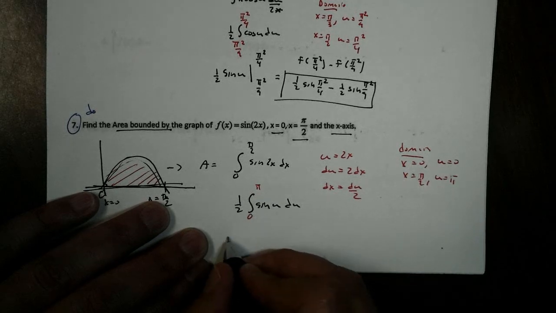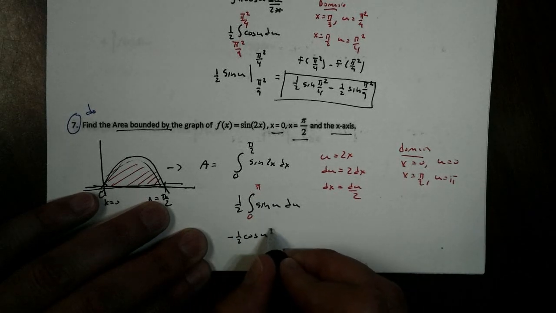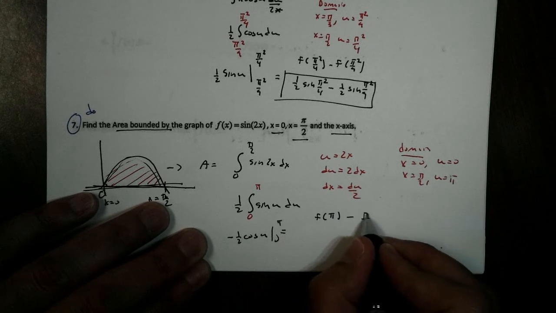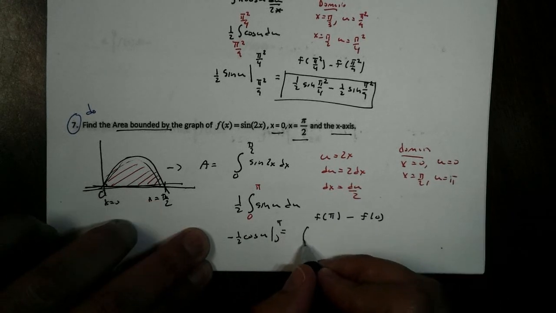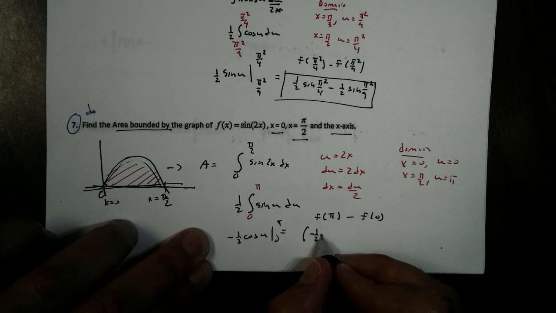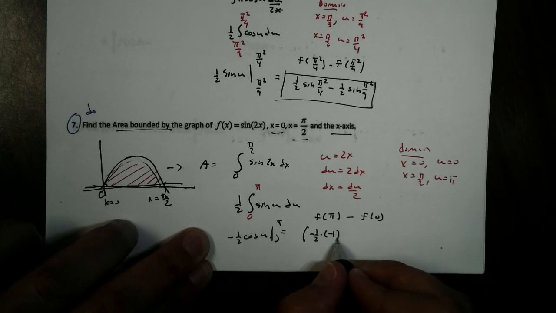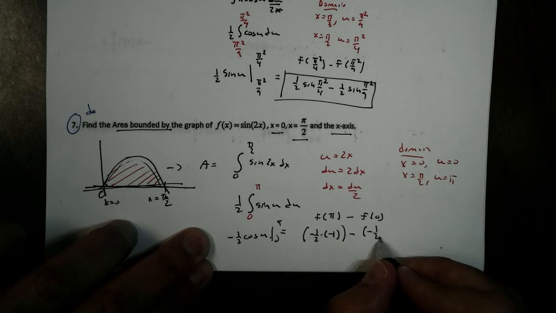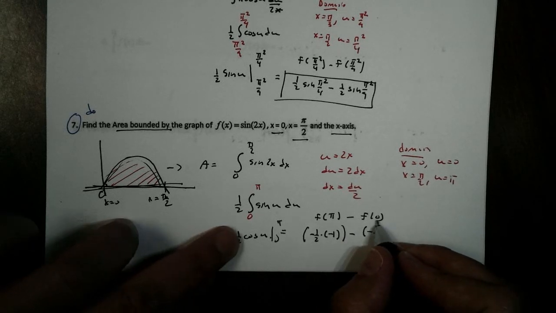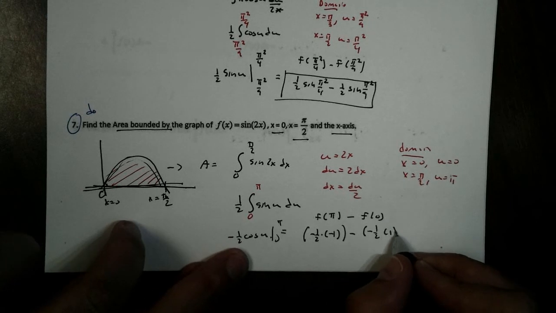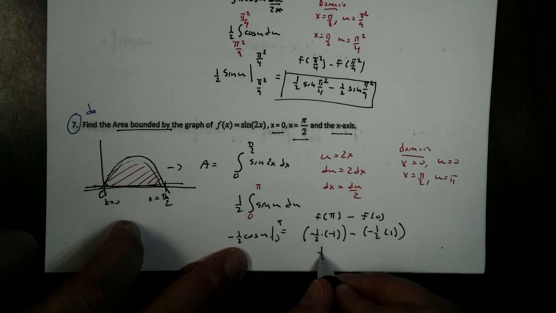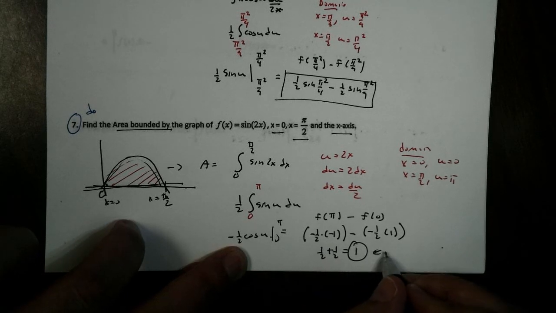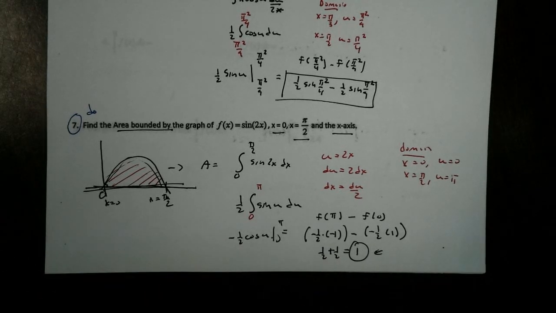The antiderivative of sine is negative cosine u from 0 to pi, using the fundamental theorem, f of pi minus f of 0. Notice this is not taking me very long. Negative 1/2 cosine of pi is 1/2, minus f of 0: negative 1/2 cosine of 0 is negative 1/2. So 1/2 plus 1/2. Oh my gosh, it's the number 1, just like your favorite calculus teacher, me.